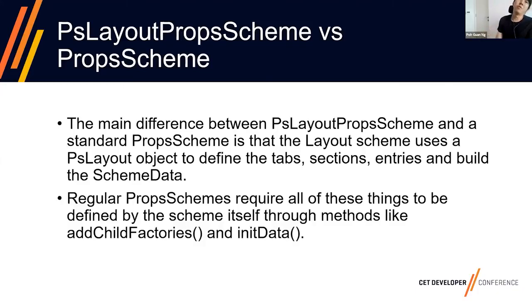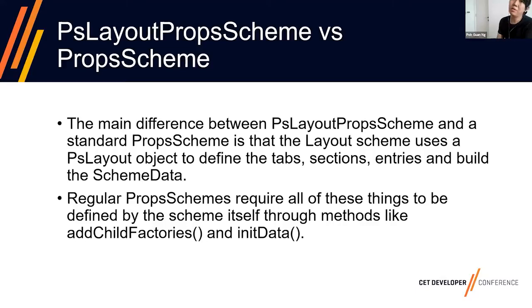For a regular prop scheme, to define all these things, you have to do it manually through the add child factories and init data. But if you have a layout defined, then the layout will automatically add the factories for you.